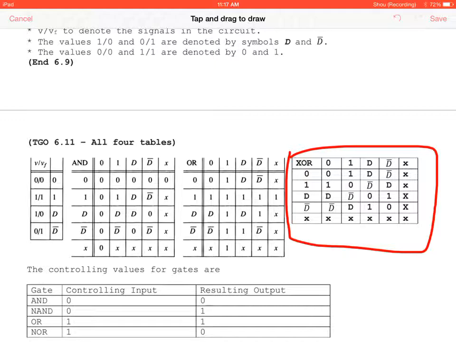So if they both should be 1, but they both are 0, then you're going to get 0 on your output, right? If they're the opposite, that means it should be 1 on one input and 0 on the other input, but the faults are going to cause it to be a 0 on one input and a 1 on the other input, and therefore you're going to get 1 here. So having multiple errors on the inputs will actually generate correct values.